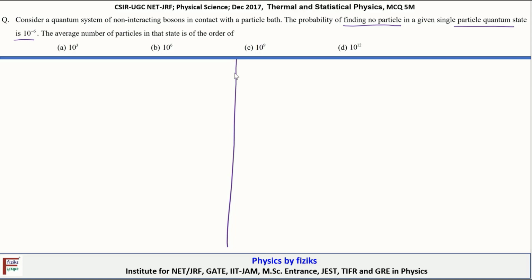The average number of particles in that state is of the order of, okay, so here we are going to make use of the fact that the average number of particles in a particular state is basically proportional to the probability. So if somehow we are able to find out the probability, the average number of particles will be proportional to that particular number.